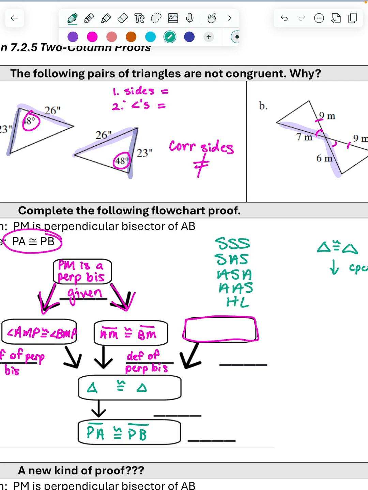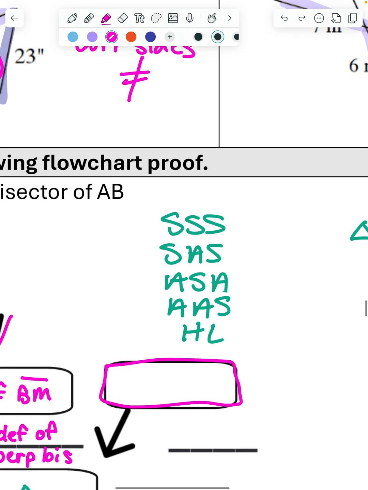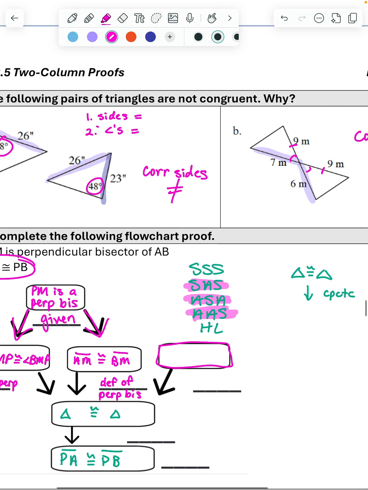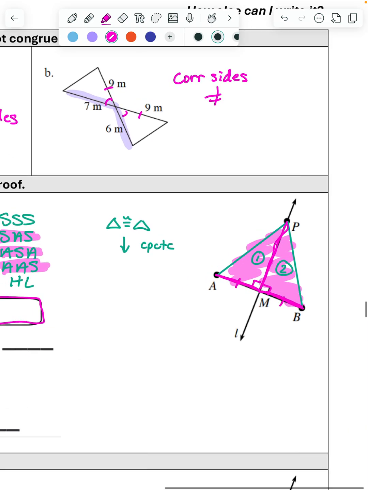So far, I've talked about an equal pair of angles and an equal pair of sides. So it could be SAS, it could be ASA, it could be AAS. So I'm either looking for another side or another angle that I could say is congruent.